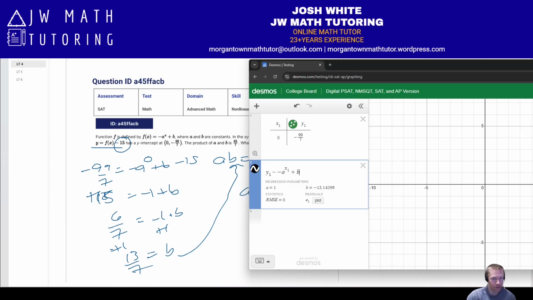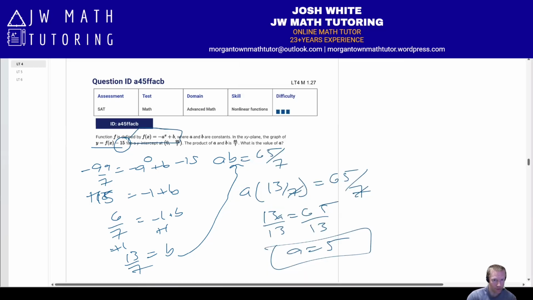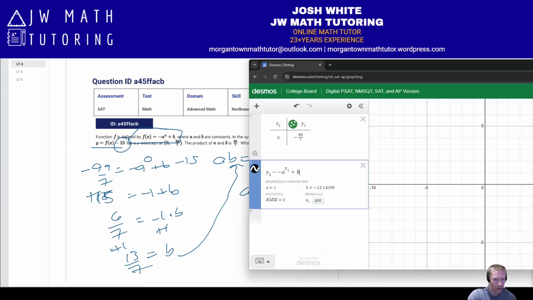First, I need to account for this minus 15. So if I'm going to do a regression on this version of it, I either need to add 15 to the y-intercept, or I just need to put a minus 15 at the end here.